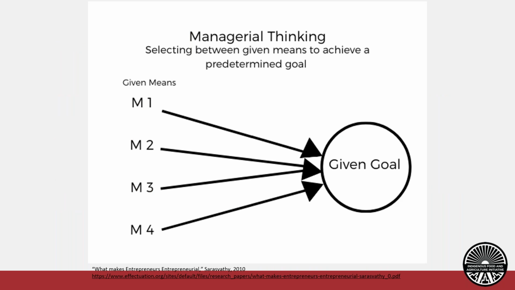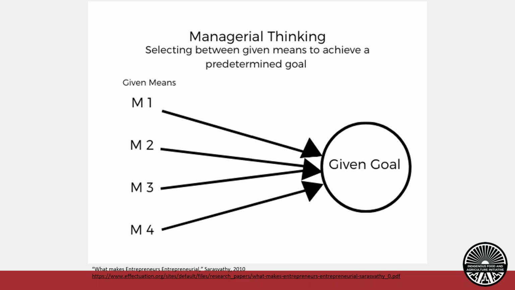So I'll go through managerial thinking, strategic thinking, and effectual thinking here with these diagrams. Managerial thinking, this is your average managerial thinking. Say you're running a pizza shop and you have someone who's good at cooking and someone who's good at math. You put the person who's good at math on the register and someone who's good at cooking in charge of cooking the food.